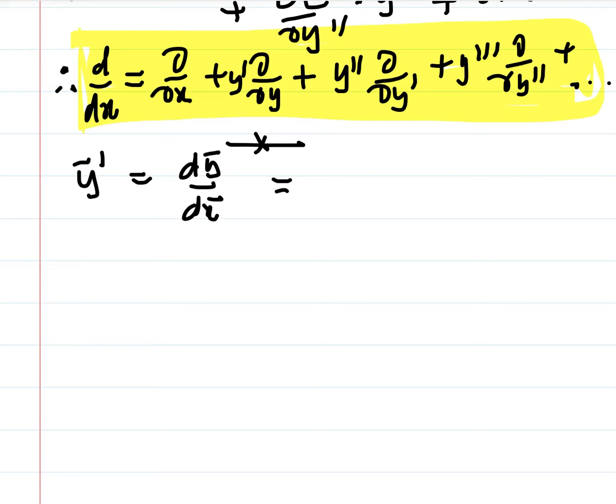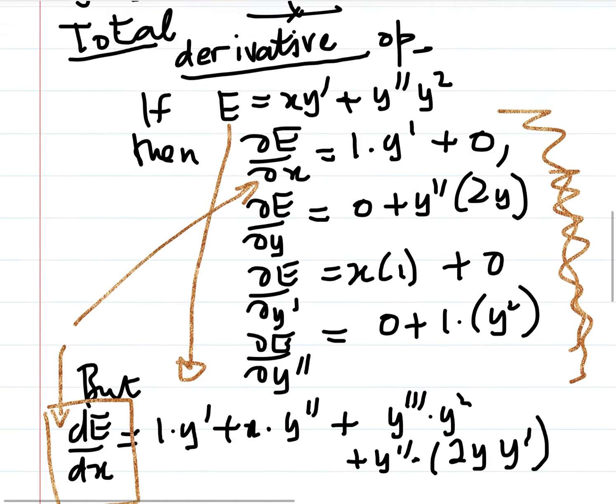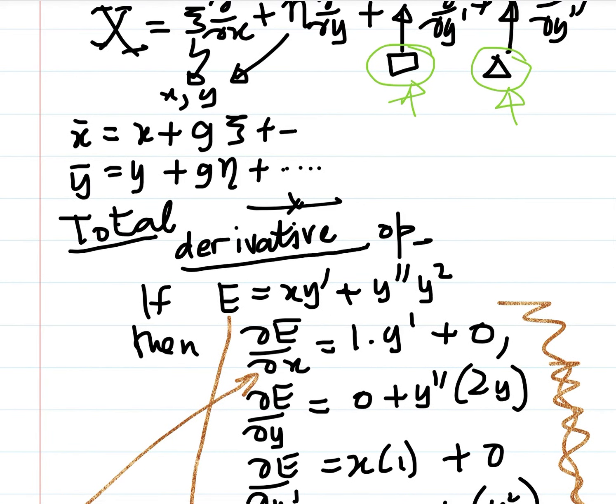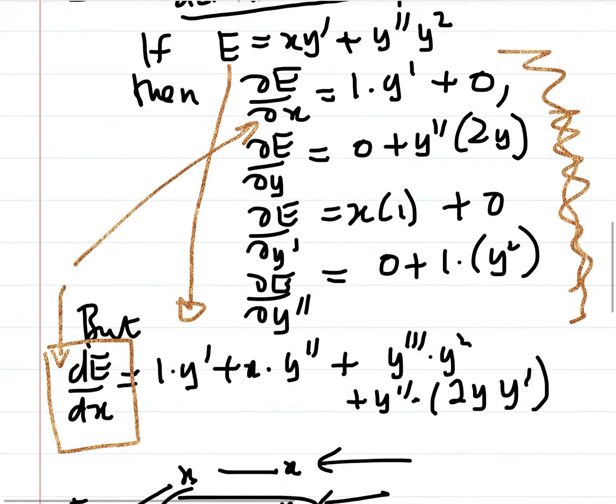By the chain rule, this is the total derivative with respect to x of y bar divided by the total derivative with respect to x of x bar. The y bar and x bar I'm going to use are the expanded forms we have here. You notice if you differentiate x bar with respect to x, you get 1 plus g times the derivative of xi. And if you differentiate y bar with respect to x, you get the derivative of y plus g times the derivative of eta. Keep that in mind.